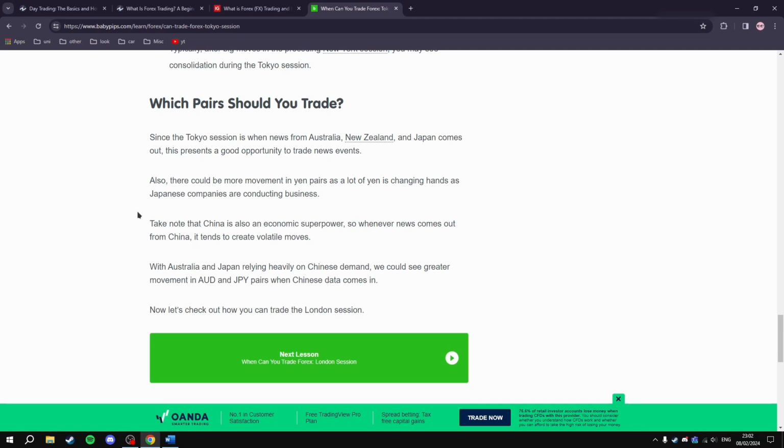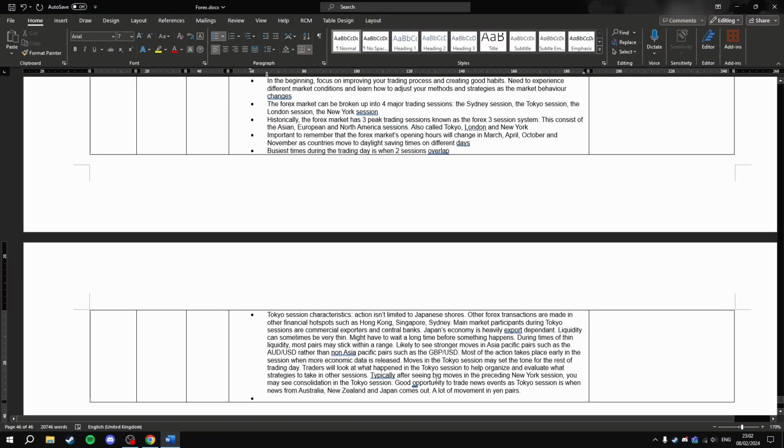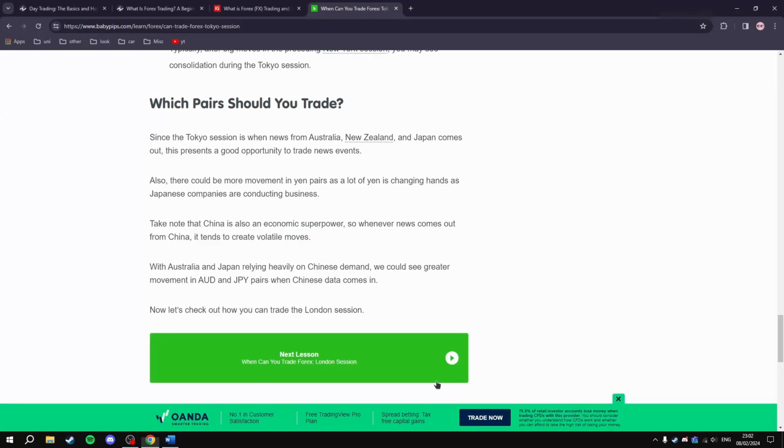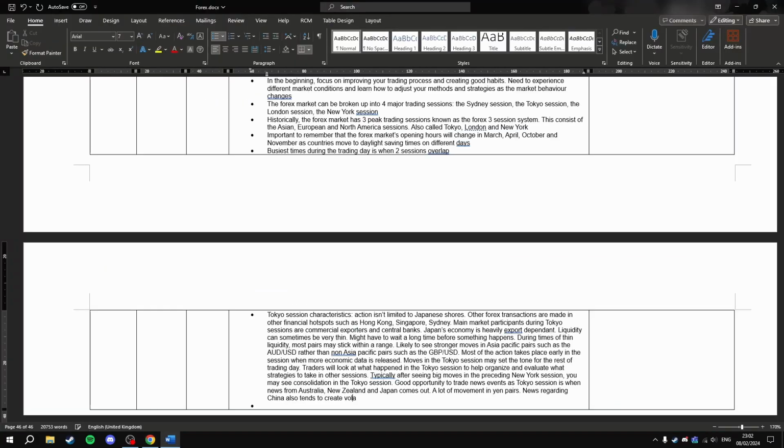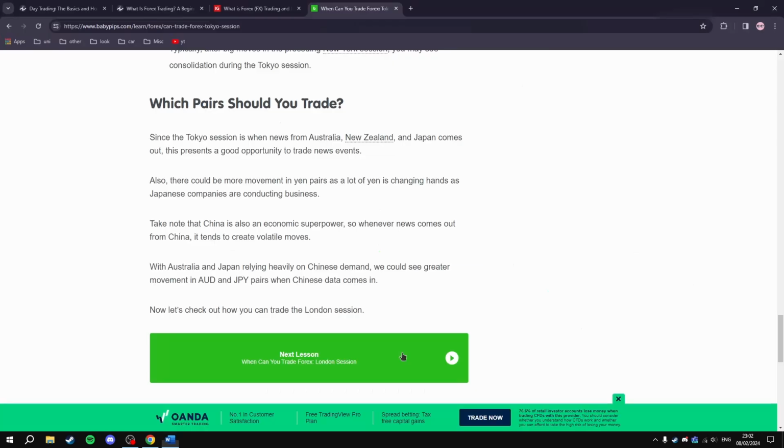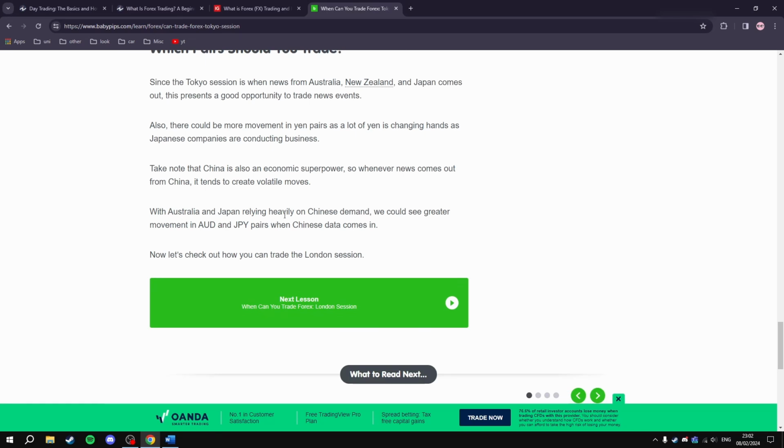Take note that China is also an economic superpower, so whenever news comes out from China, it tends to lead to volatile moves, with Australia and Japan relying heavily on Chinese demand.